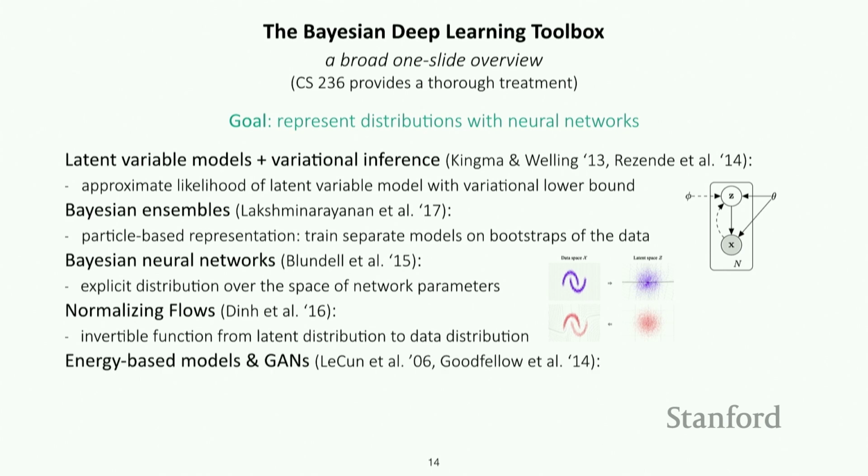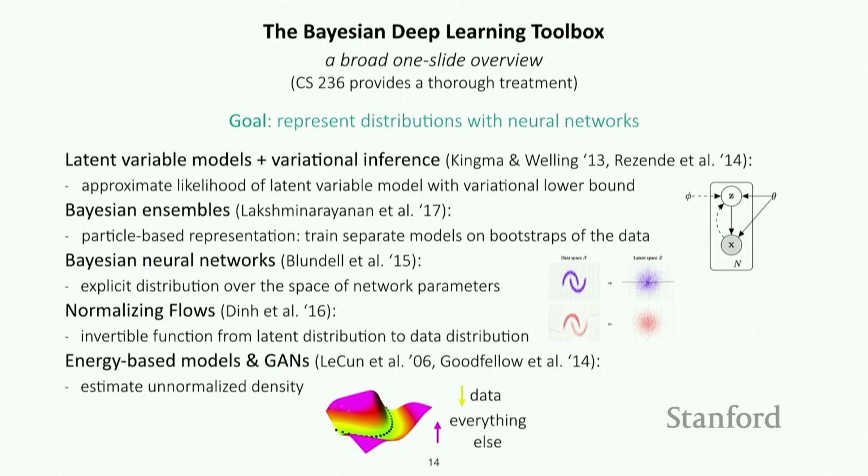And then lastly are energy-based models and, to some approximation, GANs. These types of models tend to estimate an unnormalized density, where you have some probability over your data that you want to represent. The way you do that is you push down the energy to have lower energy for your data and higher energy for everything else, where everything else is approximated by your generator in a GAN or something like that.